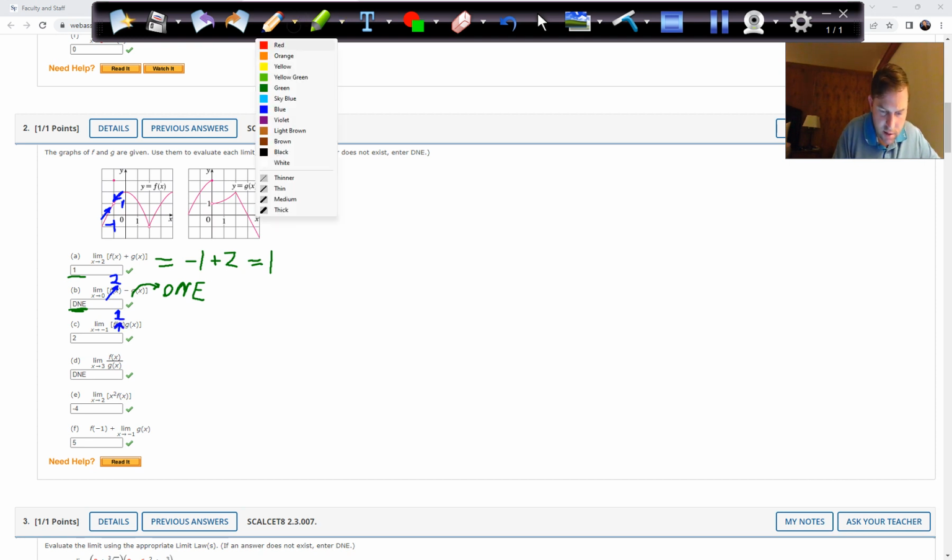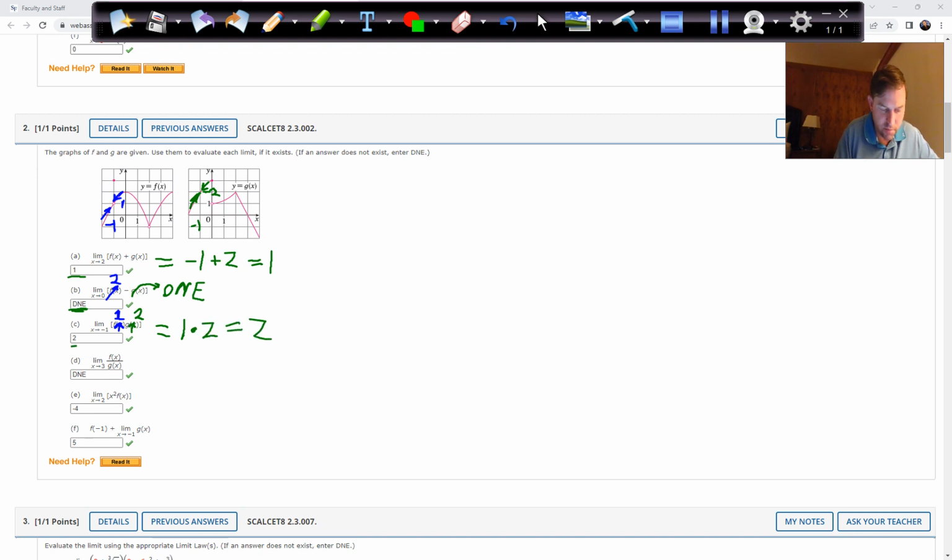G of x, we're approaching -1 right here. It's approaching from both sides the same value, which is +2. So this is going to be 2. So this equals 1 times 2, which is just 2.